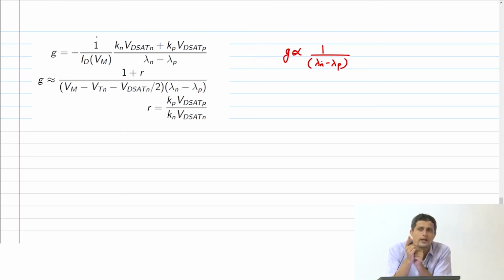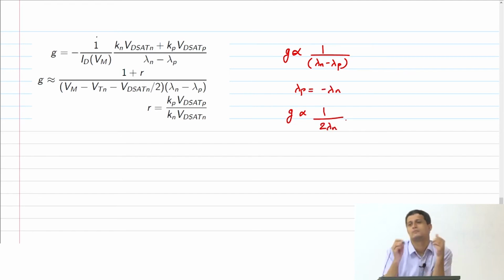That is what you should be very careful about. Lambda p is also a negative number. So if lambda p is minus lambda n, then gain is actually proportional to 1 by 2 lambda n.